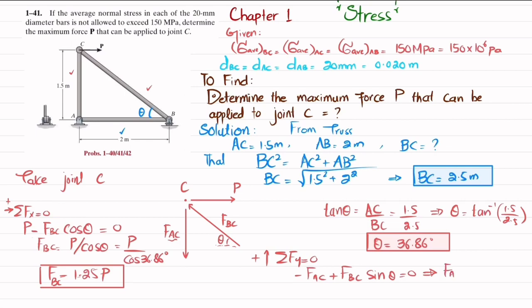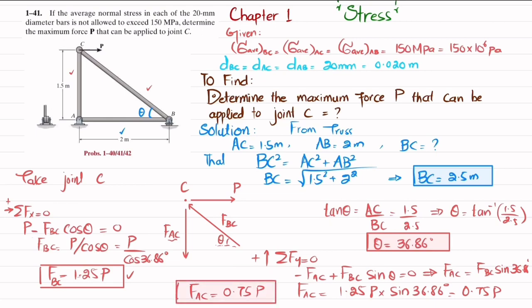So FAC will be equal to FBC sine of theta, and theta is 36.86 degree. We know now FBC, which is 1.25 times P. So FAC is equal to 1.25 times P multiplied by sine of 36.86 degree, and you will get FAC is equal to 0.75 times P. So I will write FAC is equal to 0.75 times P.